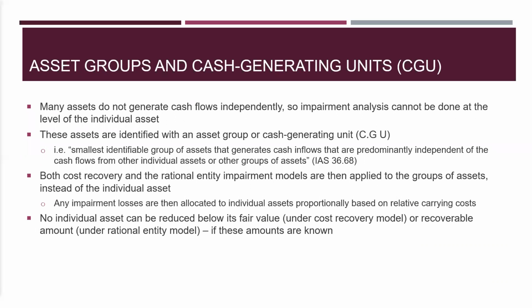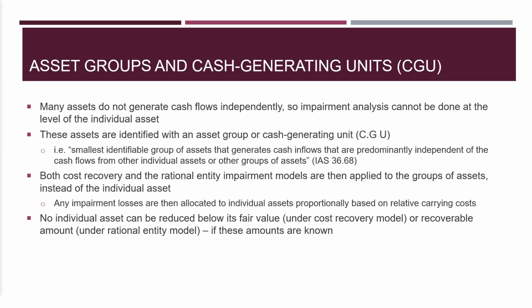So what we do is take these assets and put them in a group. That group of assets generates inflows and outflows of cash predominantly independent of the other cash flows. That group of assets is then called a cash generating unit, which is a CGU.